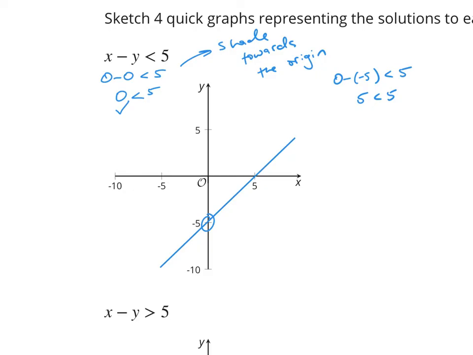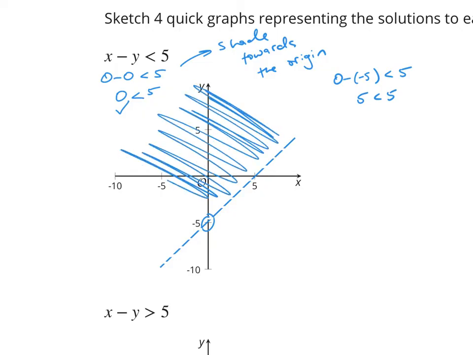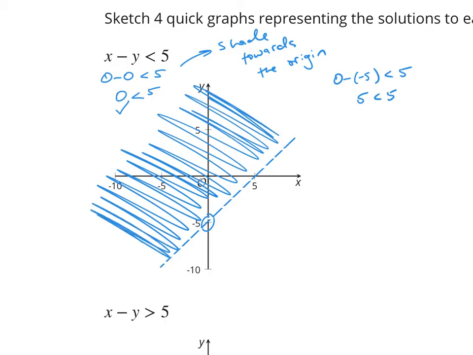So I know that I'm going to need a dashed line. So let's go ahead and dash our line. So now that I have my dashed line, I can shade in the direction of the origin to indicate that is where my solutions will fall.